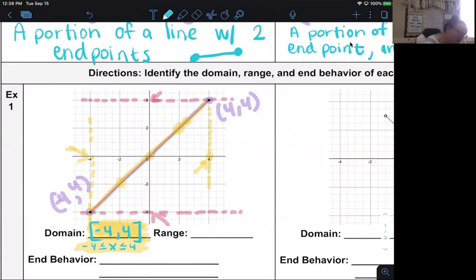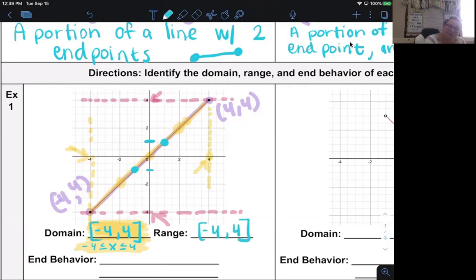So for example, if my y value is -1, we have a point on the graph right there. If my y value is +1, we've got a point on the graph right here. And it looks like all those y values in between are included as well. So my range is from -4 to 4.